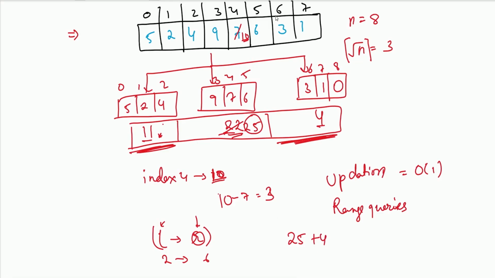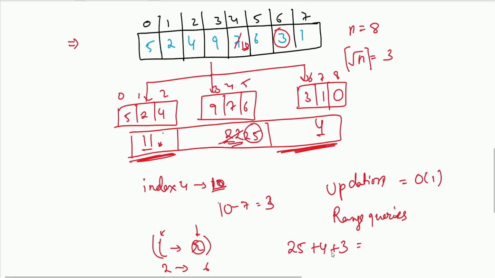Similarly for R, till this block starts, only the values in this block before R. Only this 3 is in this block before it. If it is 7, then I have to add both the 6 and 7 indexes, but right now it's only 3, so 25 plus 7 is 32. And you can see 4 plus 9 plus 10 plus 6 plus 3 is also 32.